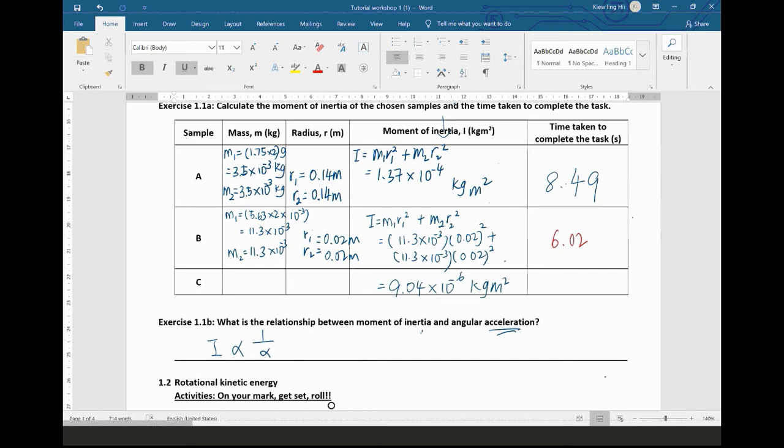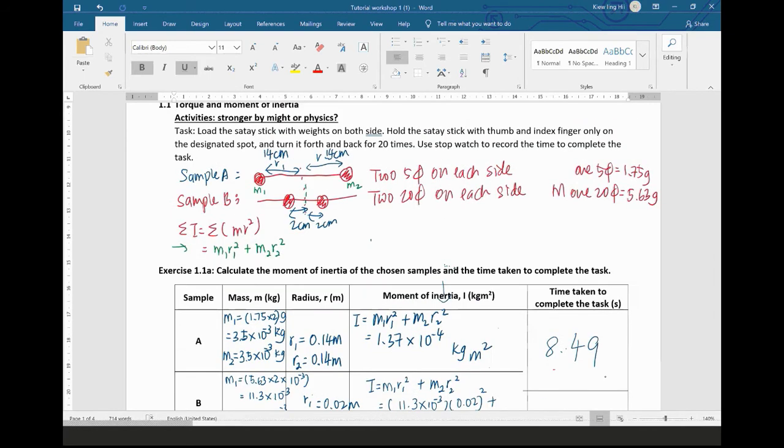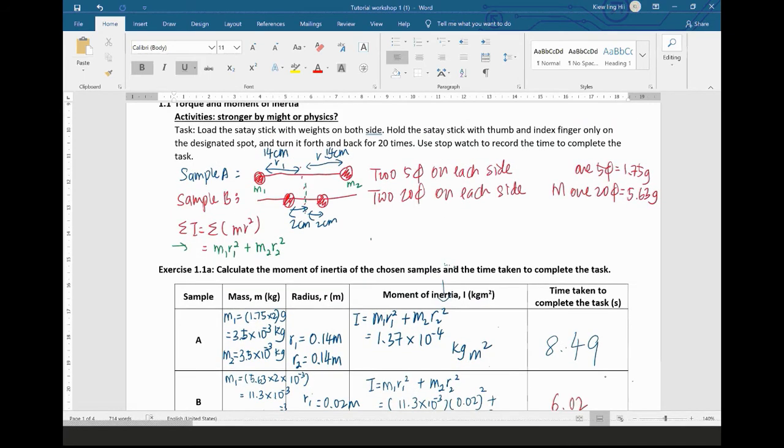So there is a question there. For the sample B model, if instead of using 20 cents, I am competing between two 5 cents, where one 5 cent I put at the end, and one 5 cent I put here, this one versus this one at the end.